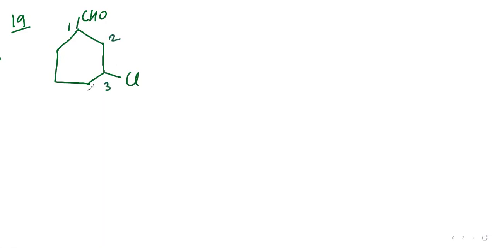Now look at the next question, number 19. Predict the product in the following reaction. So this is your reactant given to you. This is Cl, this is CHO. So when we start naming, this carbon will be given 1, 2, 3, 4, 5, 6.